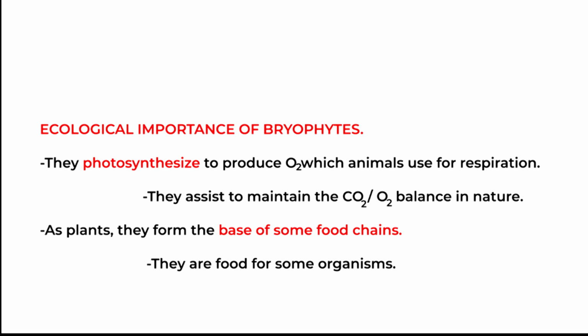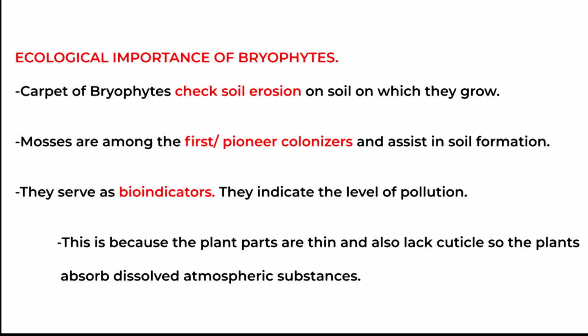bryophytes check soil erosion. Now, mosses tend to be very hardy plants, so they tend to be one of the first or pioneer colonizers on rocks to assist in soil formation by weathering. Then, because they are very tiny, they are bioindicators.